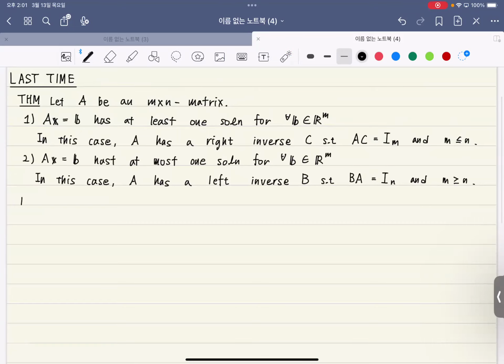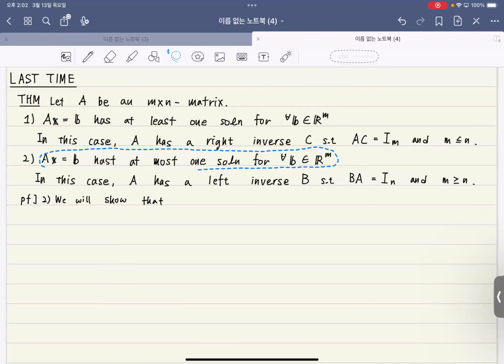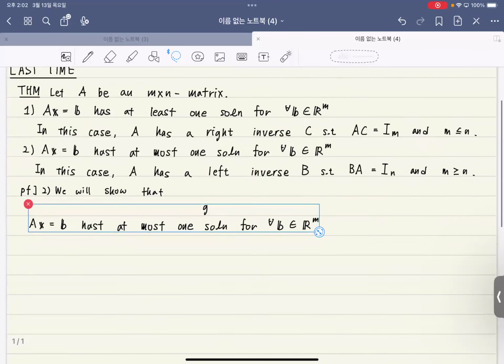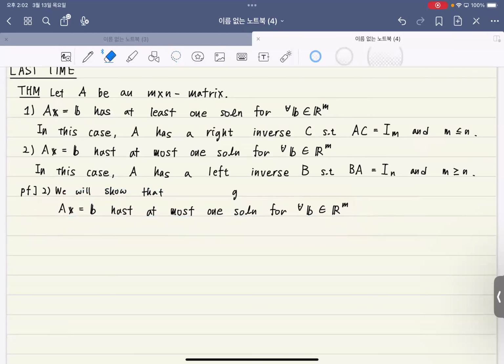Okay. So the proof of number two. I'm going to show you that this statement is equivalent to the columns of A being linearly independent.